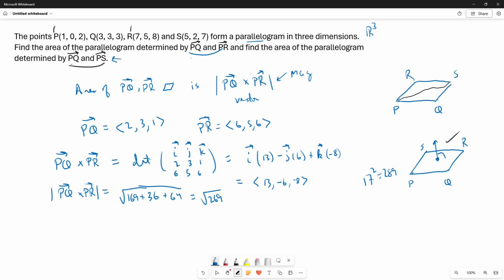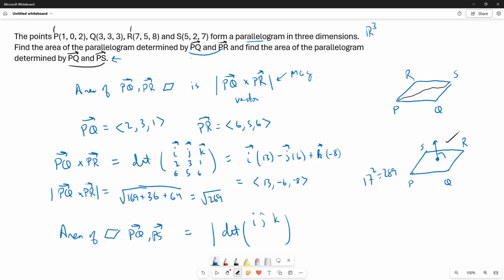And let's compute the area of the parallelogram from PQ and PS. So that's going to be the magnitude of the determinant of, I'm not going to put the arrows to save time here.